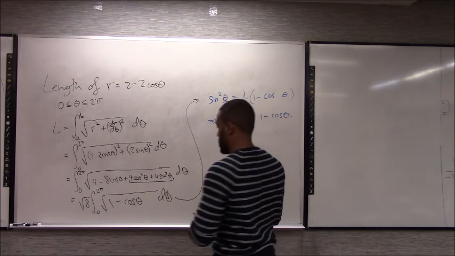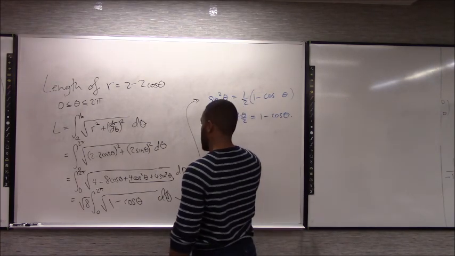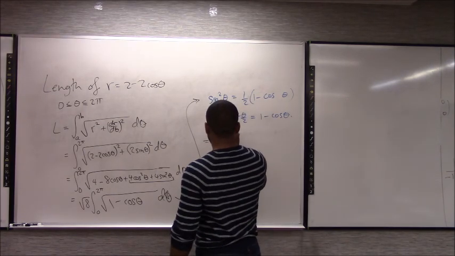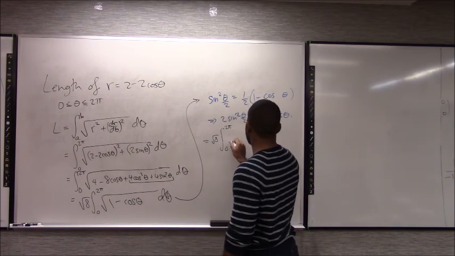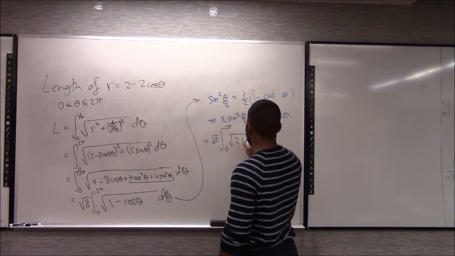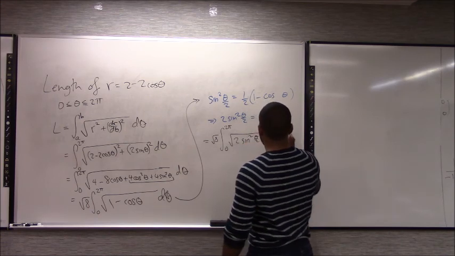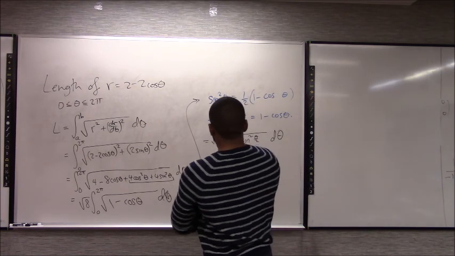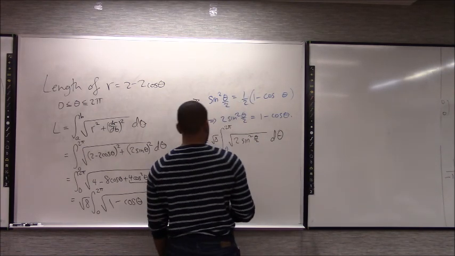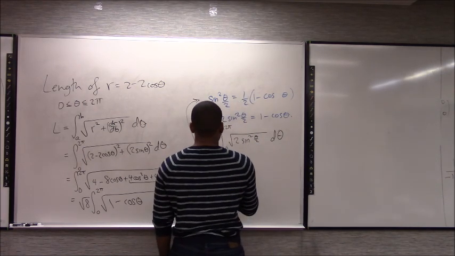So this integral just becomes the radical of 8, 0 to 2 pi, and under the radical here I just have 2 sine squared theta over 2. Okay, so what's that going to be? Well, radical 16 if I factor out the 2.